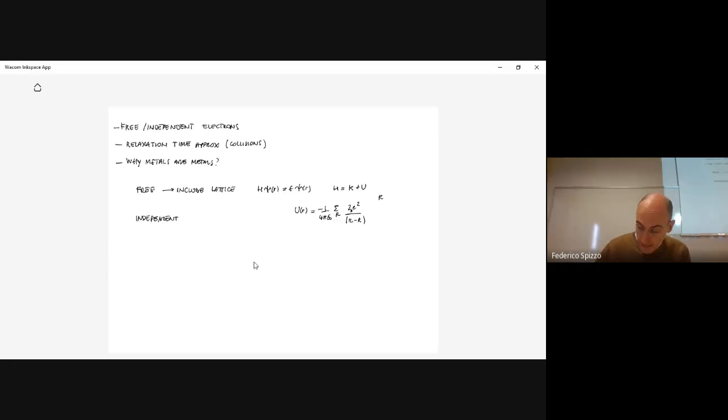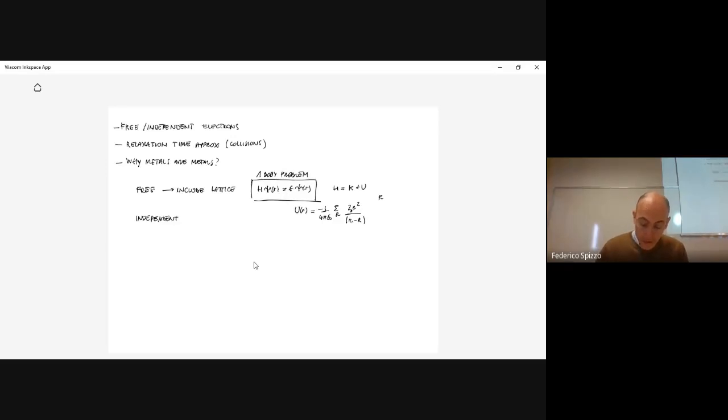So in this picture, we just remove the free electron picture. The problem is again a one-body problem. That means whatever the shape of U, you just need to consider the wave function of one electron.